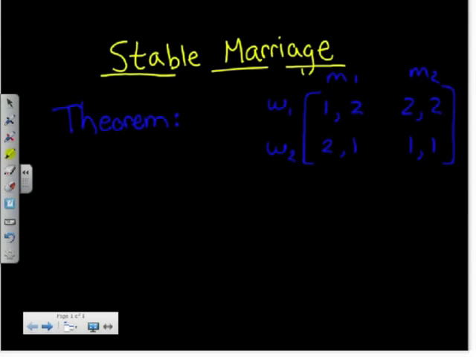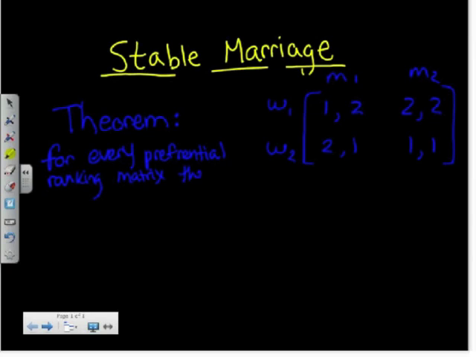Okay, so the theorem behind a stable marriage is that for every preferential ranking matrix, which is this over on the right-hand side, there is a stable complete marriage.